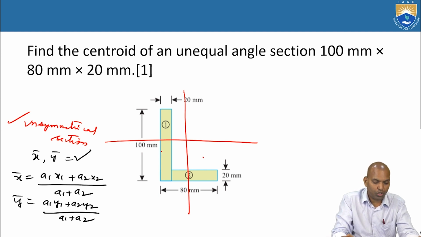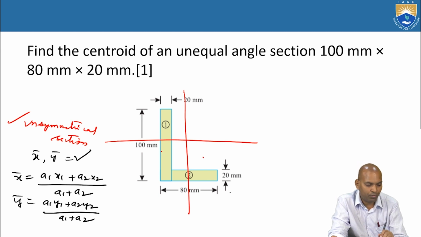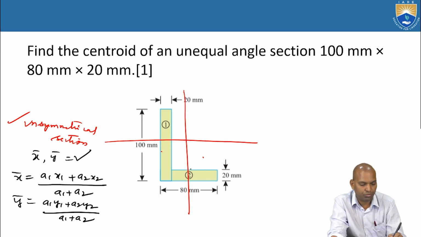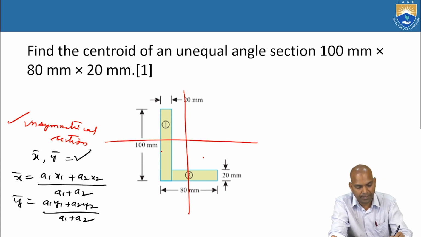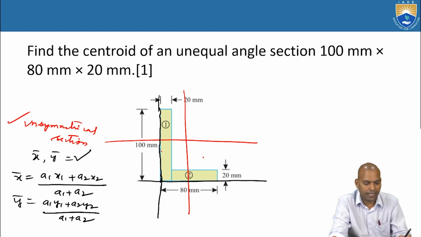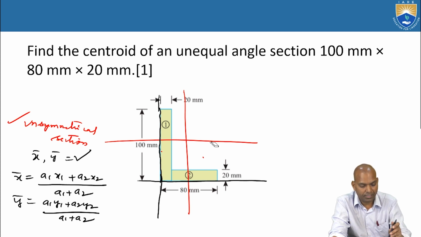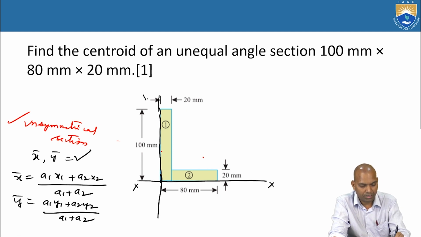Alright. So what is needed here? We need the area A1 of section 1 and the area of section 2, similarly x1 and x2. Let us begin. What is the first step? Take the reference axes, XX and YY.